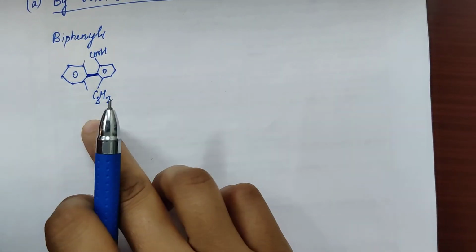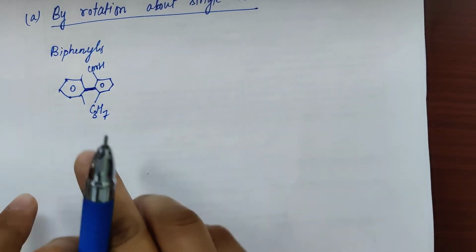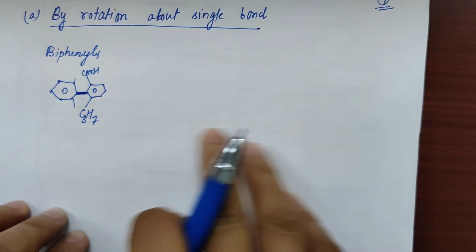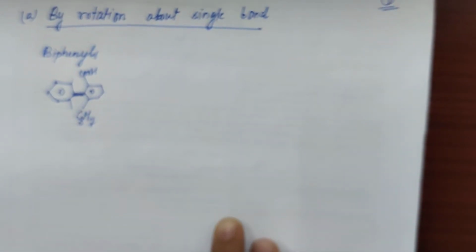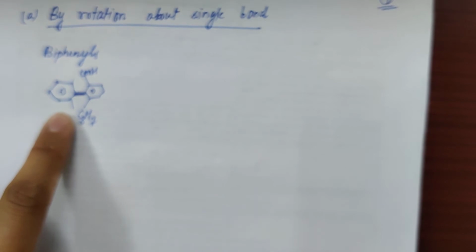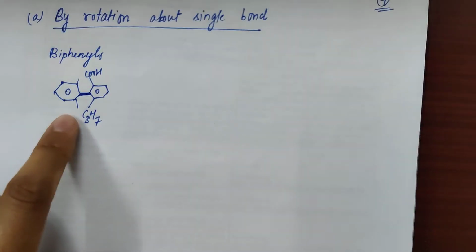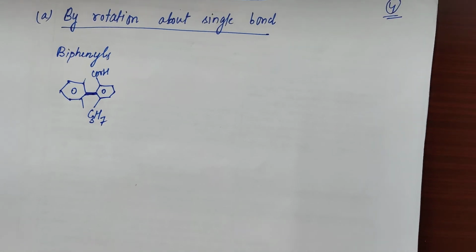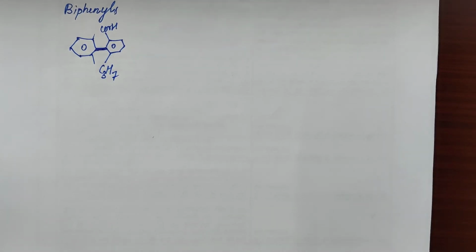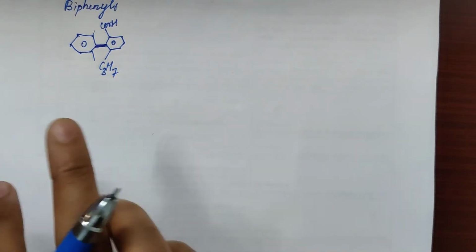So if you have one enantiomer, let's say a dextrorotatory enantiomer of this biphenyl, on heating it, some molecules will flip, and you will obtain a racemic mixture. आपको डेक्स्ट्रो लीवो दोनों मिल जाएंगे उस केस में. So the first thing is providing enough thermal energy to overcome the energy barrier to obtain the racemic mixture. This is one kind of flip I am talking about.